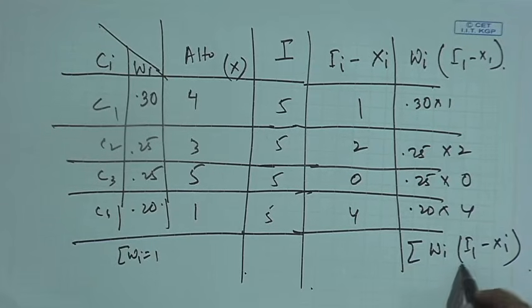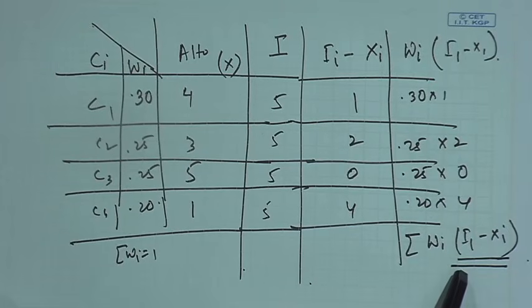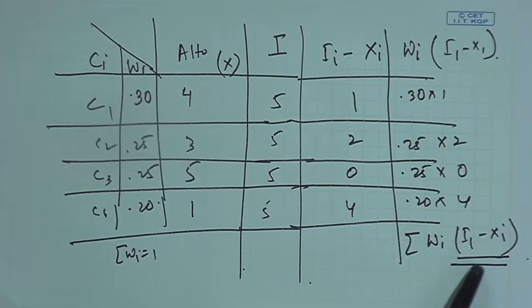Now, this Ii minus xi score is just the reverse of the ATO model actually. If this is positive, then maybe our attitude towards the product is not so favorable, because we are having a difference between the ideal performance of the product and the actual performance of the product.